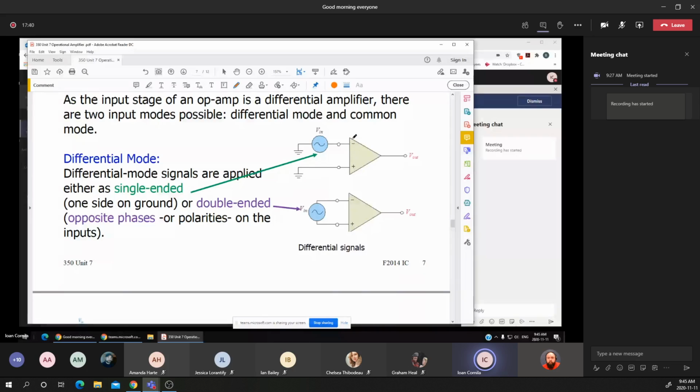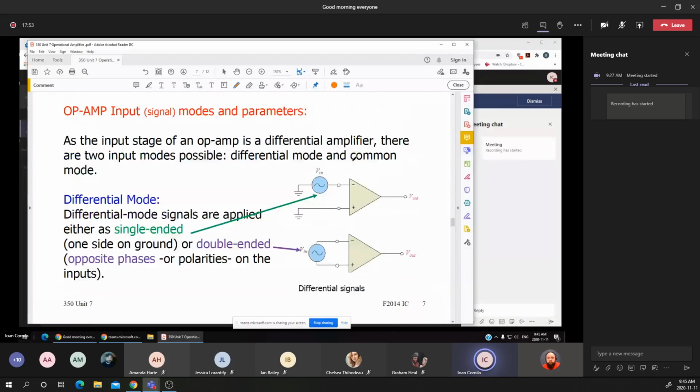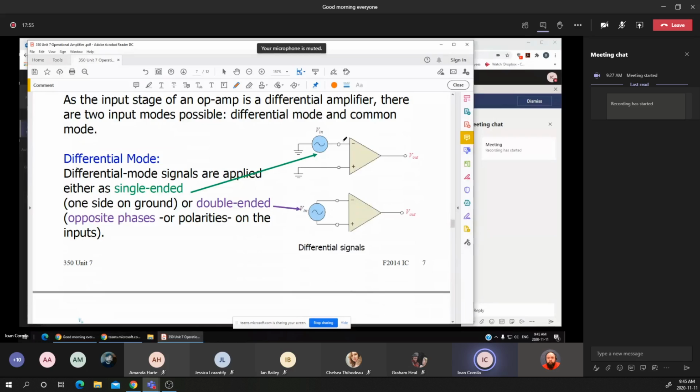Now we are moving from just the differential stage, or the differential block, or the differential circuit, that is the first circuit or the first block in the block diagram of the op amp, into the whole, entire operational amplifier.